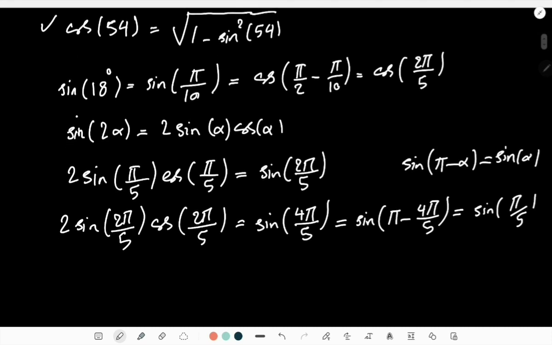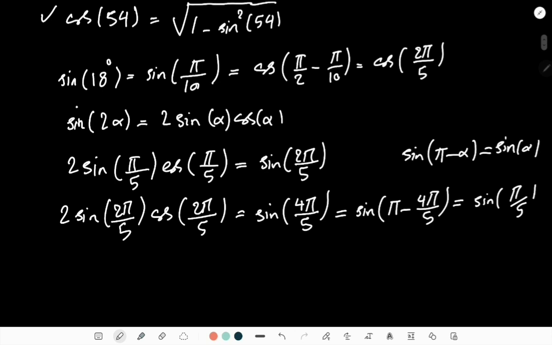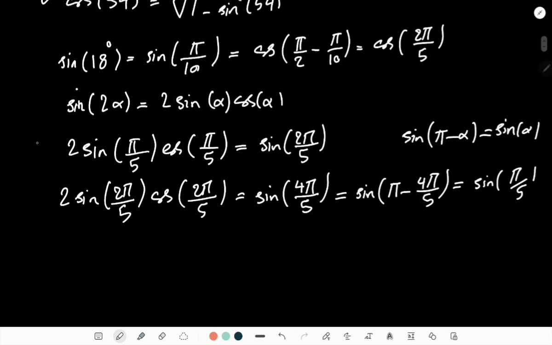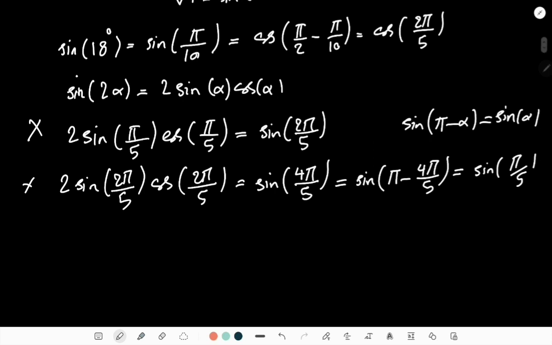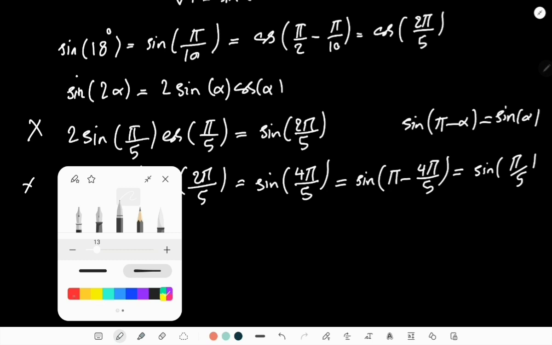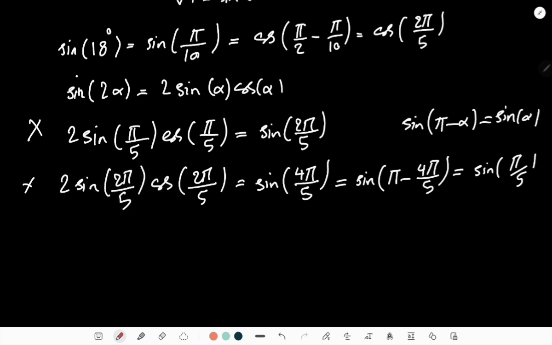So now next I want to draw your attention to these two equalities here. If I multiply both sides of these two equalities, maybe I'll do it with a different color, so pay attention that this guy here will be cancelled with this guy, and I have sine of pi over 5 which will be cancelled out by this guy here.